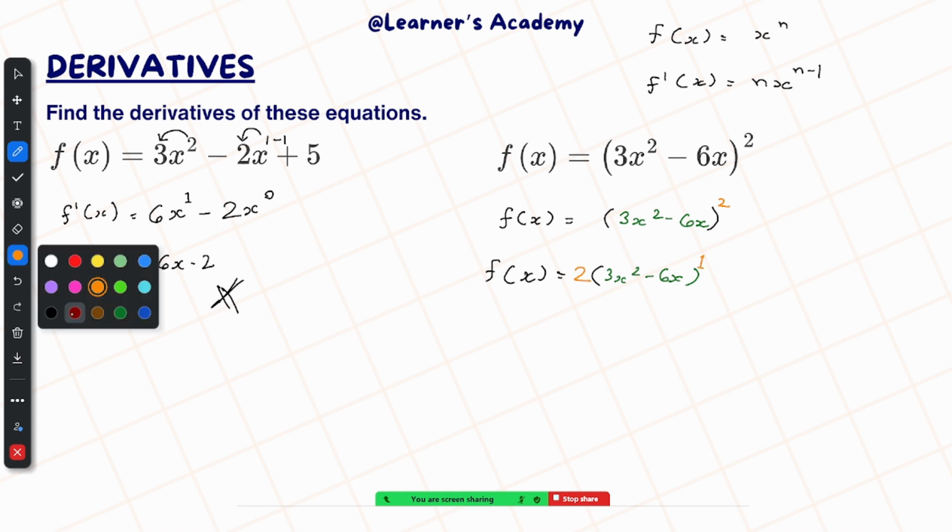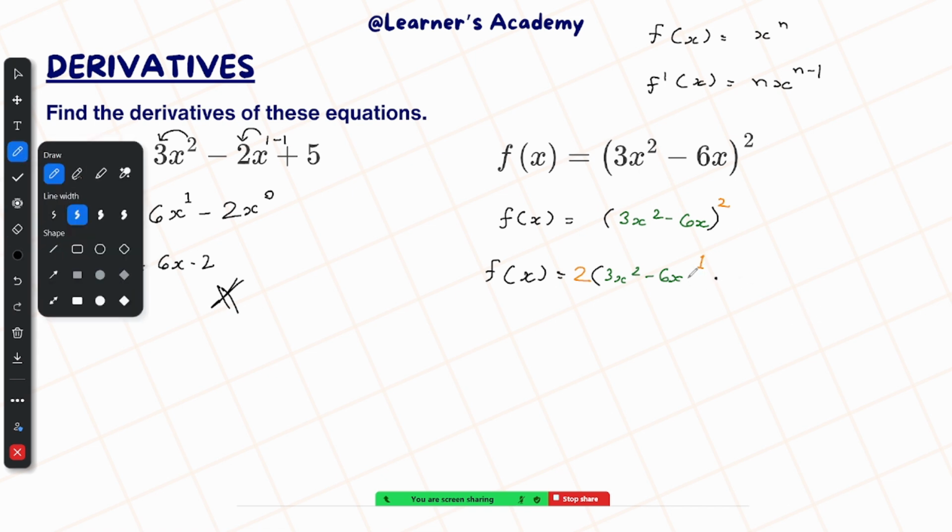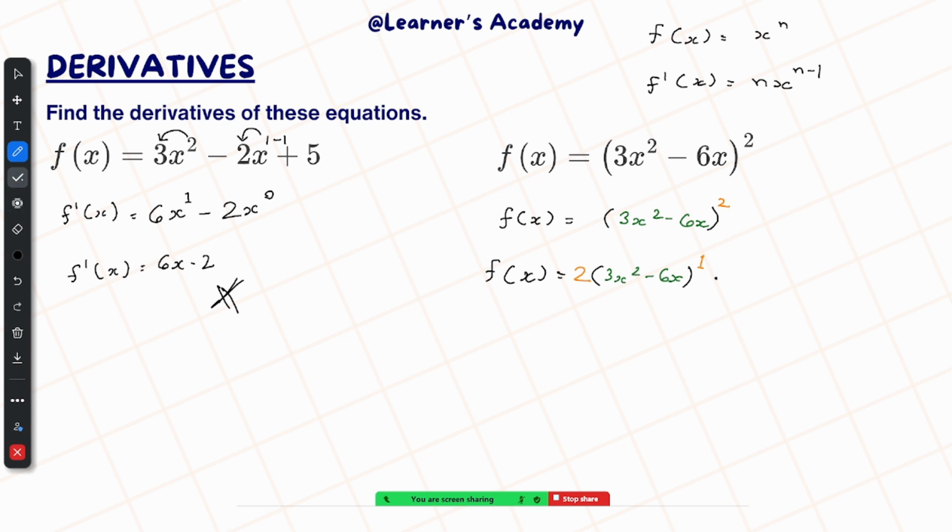And then after that, we have to differentiate the expression inside back again, which will result in 6x, oh wait, just 6x and then minus 6. And that's the final answer.